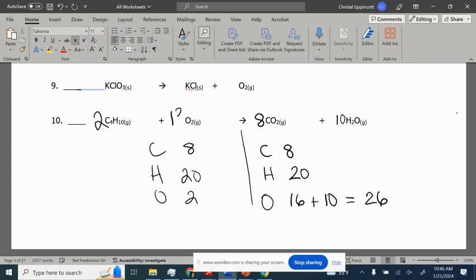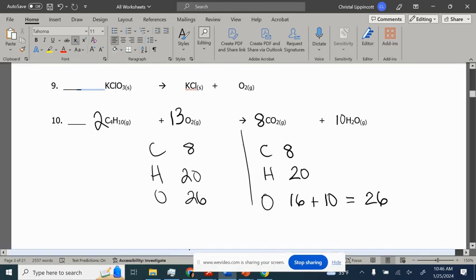If I put a 13 here, that's going to take me up to 26. Okay. After you're done, go through and make sure that these can't be reduced. Occasionally this hack doesn't work and everything can be divided by 2. So always go back and double check. But I'd say maybe 90% of the time, this works. Okay.